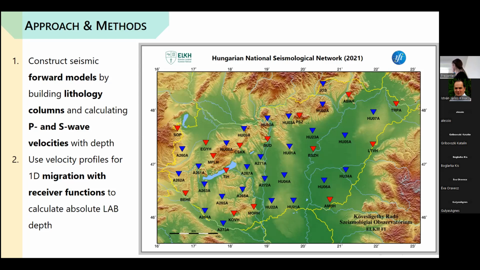So here's a map of the Hungarian National Seismological Network, which shows the permanent stations in red, and I think the rest in blue are now part of the Adria array.